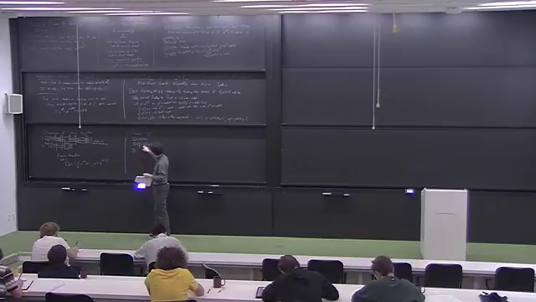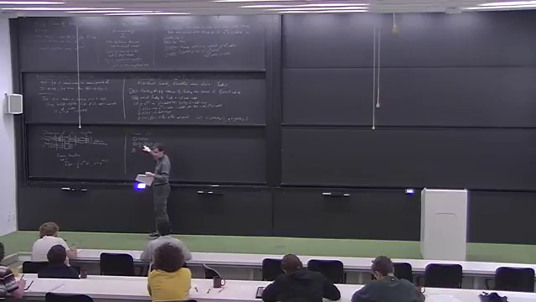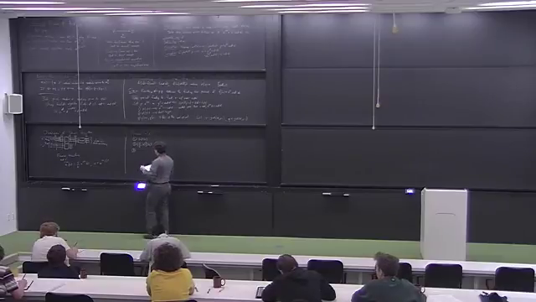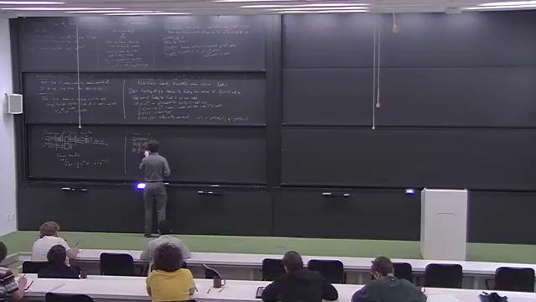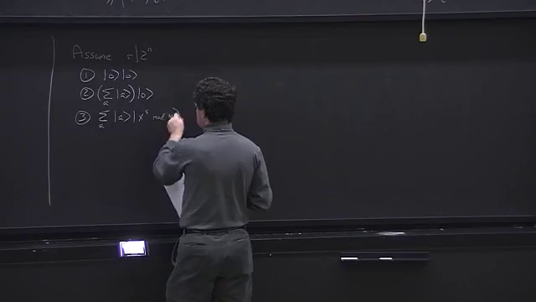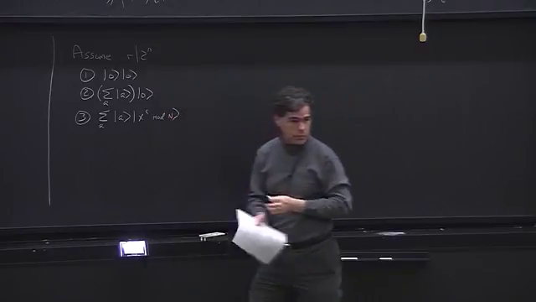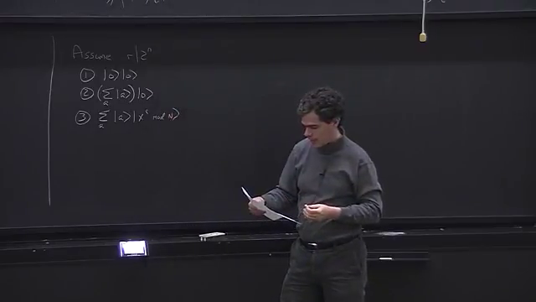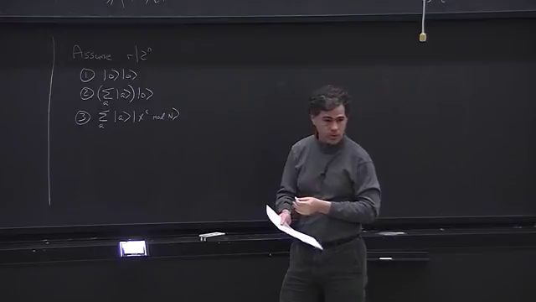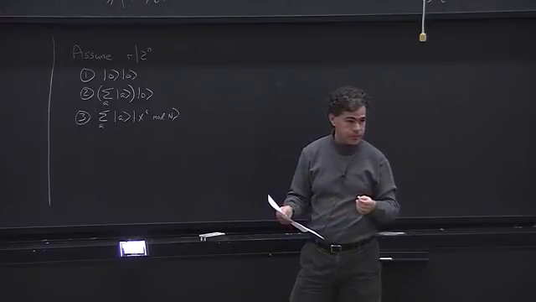Conditioned on this first register, we're computing x to the A mod n in the second register. So now we have this potentially entangled state, sum over A of A, x to the A mod n. Okay? So far, so good?